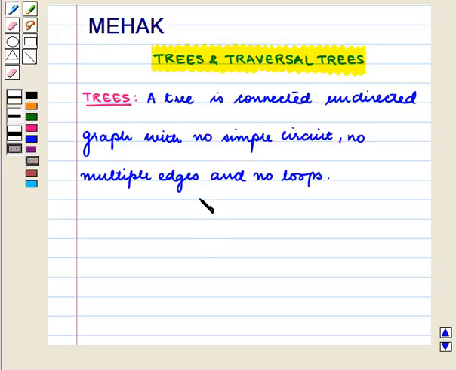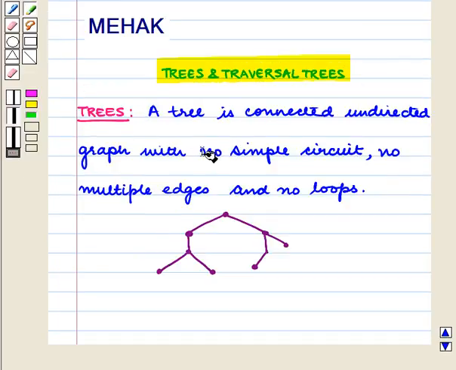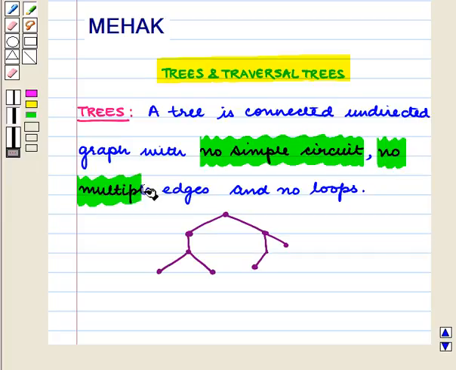A tree is a connected, undirected graph with no simple circuit, no multiple edges, and no loops.